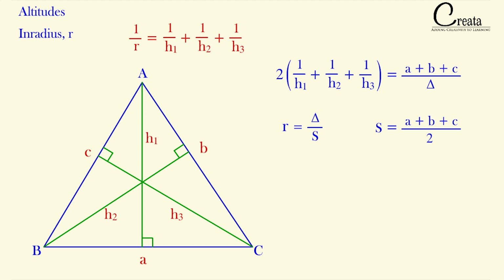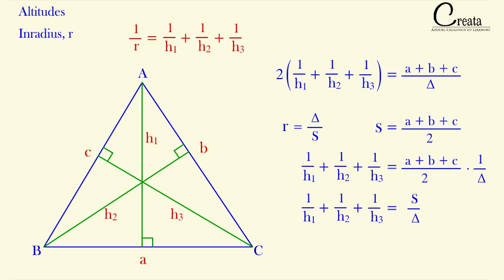So in this equation, can we write the right hand side as (A plus B plus C) upon 2 into 1 by delta? We have written this because we want to convert (A plus B plus C) upon 2 into the semi-perimeter S. And we know S upon delta is equal to 1 by r. Okay, got it? We have introduced the inradius into the formula.